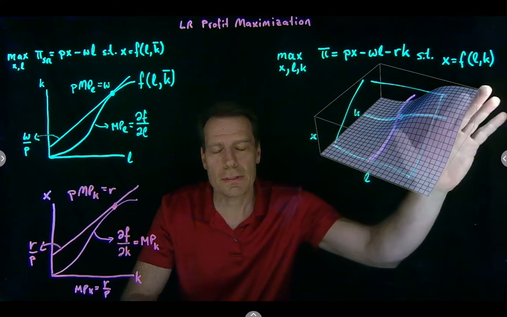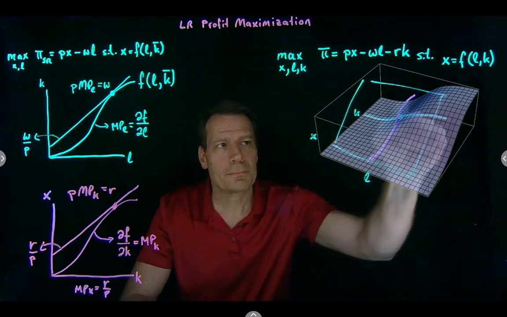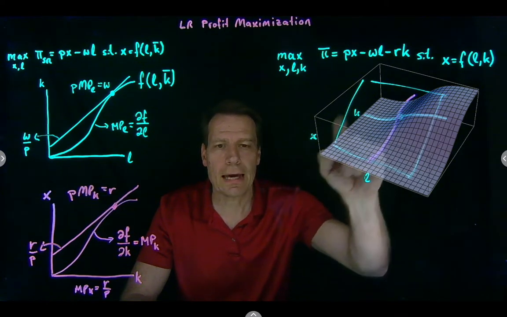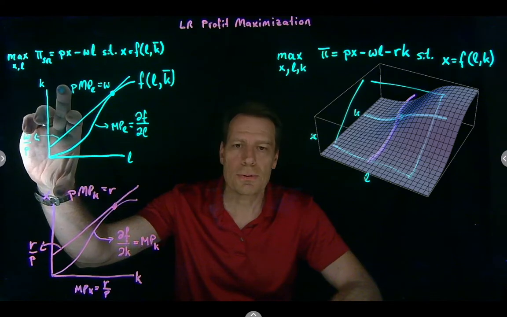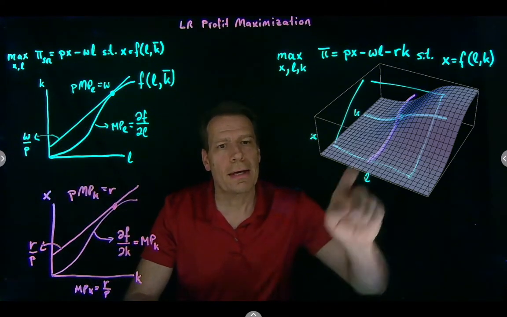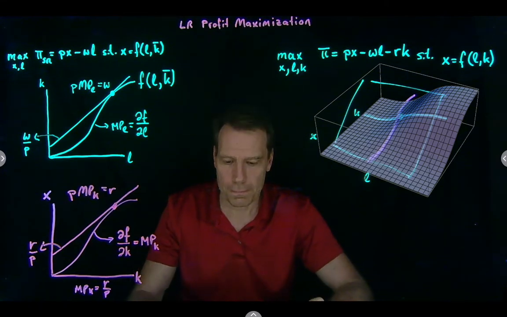So we can see the intuition by just imagining that sheet of paper, that profit plane tangent to this surface, and taking slices along the lines where we hold labor and capital fixed, that these pictures give us these two conditions that have to hold at this profit maximizing production plan in the long run.